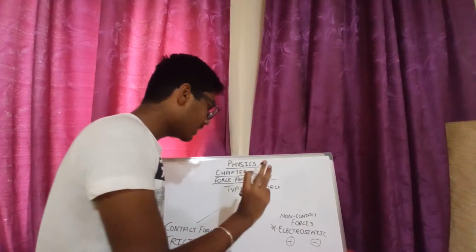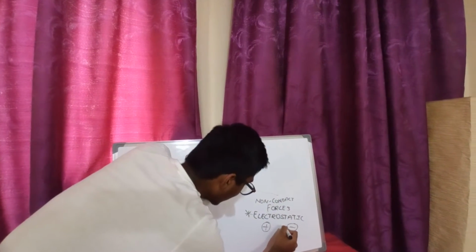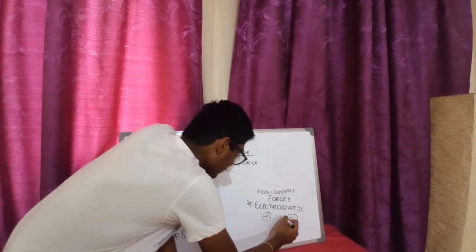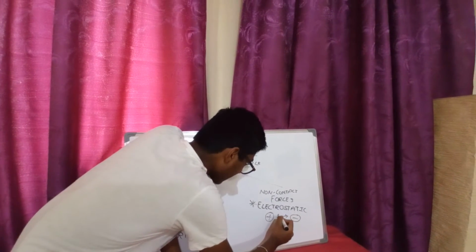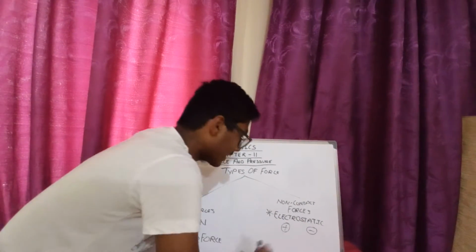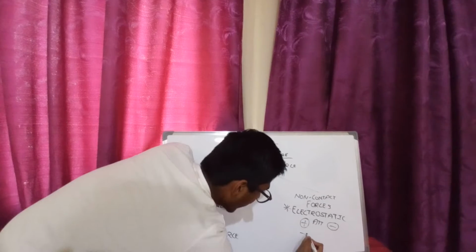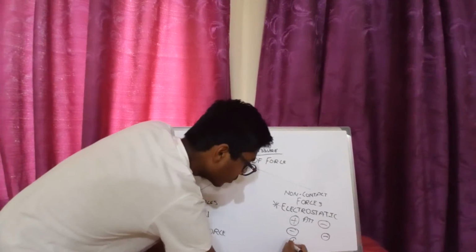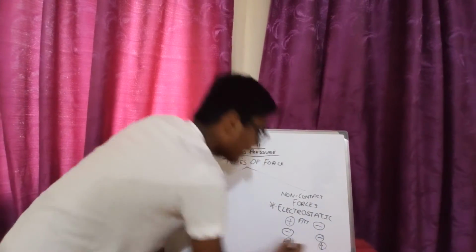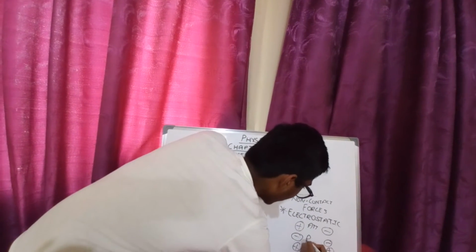For this there are three scenarios. When there's a positive and a negative, they attract each other. When there are two of the same type of charges, like two negative charges or two positive charges, they tend to repel.